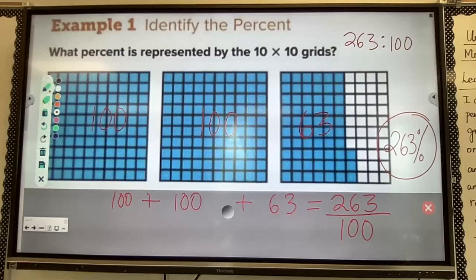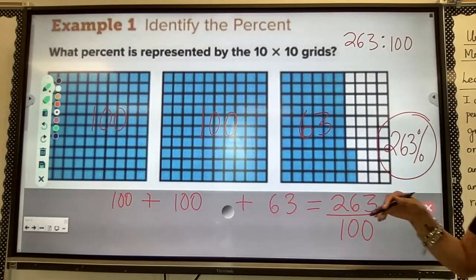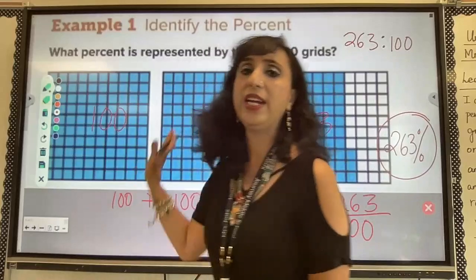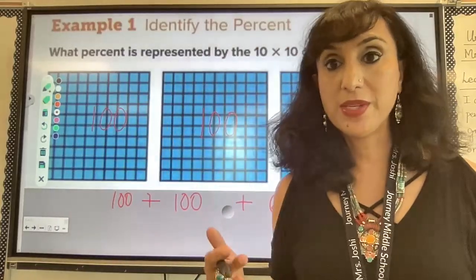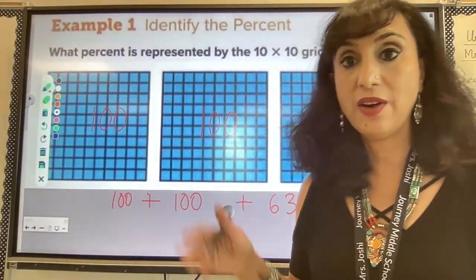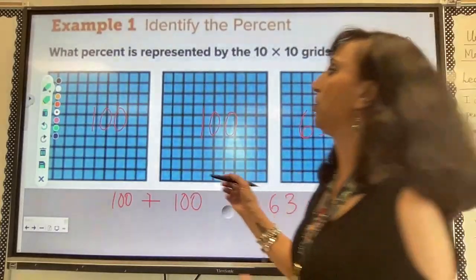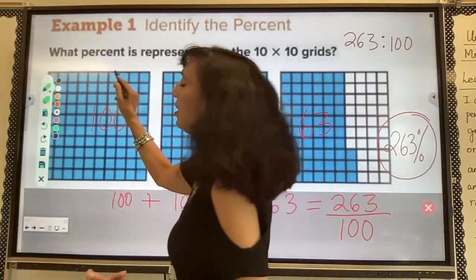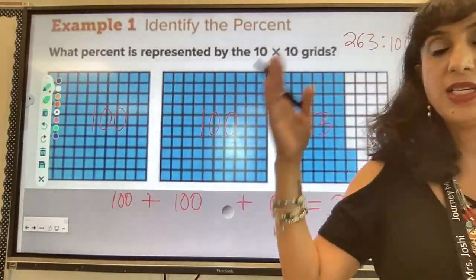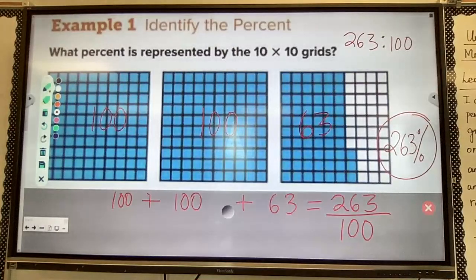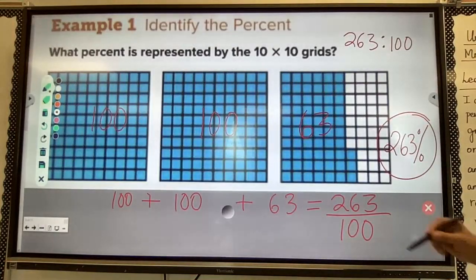How can you quickly determine the number of shaded squares in the grid without counting every square? So let's look at this. I know that the completely shaded grids are 100% because there are 100 parts in there. It is one whole. So I don't have to go 1, 2, 3, 4, 5, 6, 7, 8, etc. I know the entire thing is 100 and each column in the grid is 10.